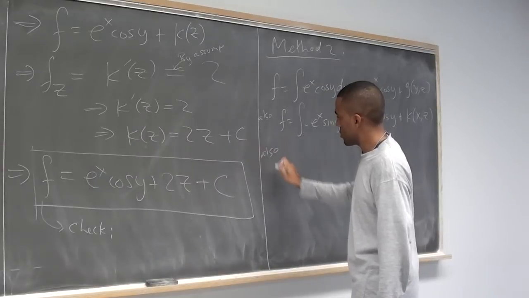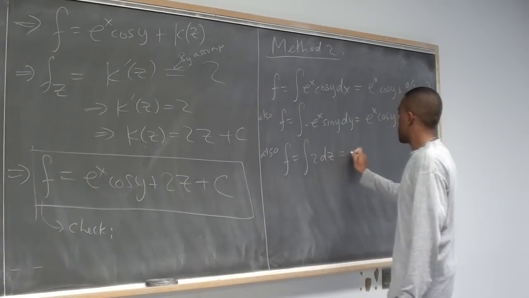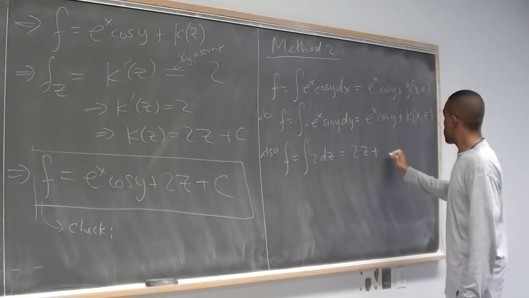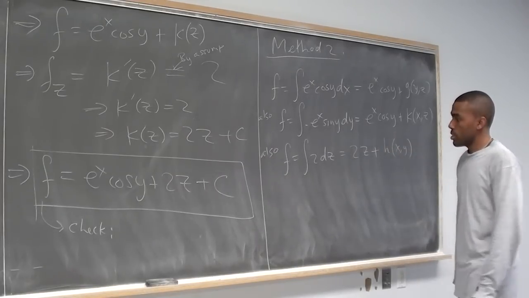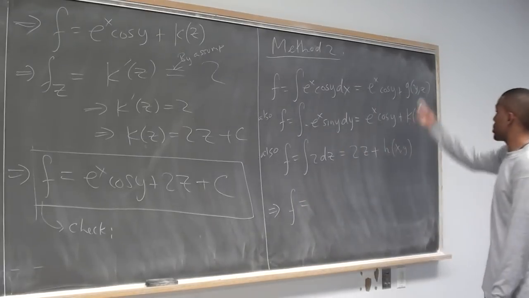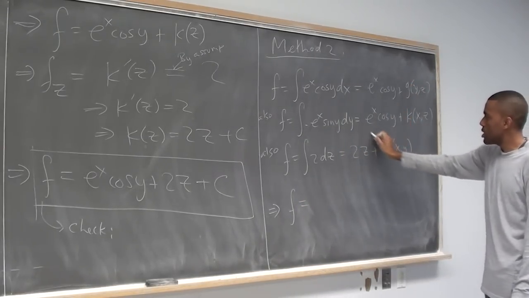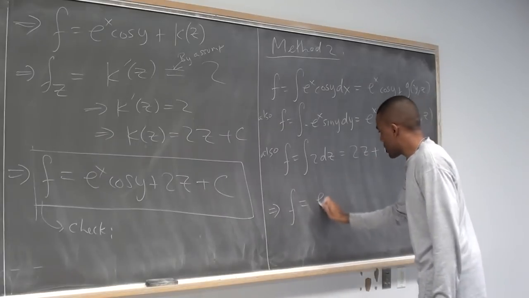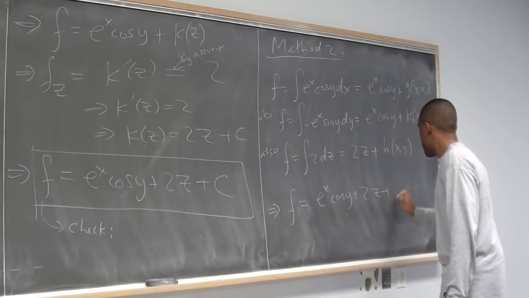Also, f is equal to the integral of 2 dz, which is just 2z plus some other constant of x and y. This implies my f is equal to, just write down each guy that shows up. This guy shows up, he's repeated here, ignore it. This guy shows up, so it's just e to the x cosine y plus 2z.